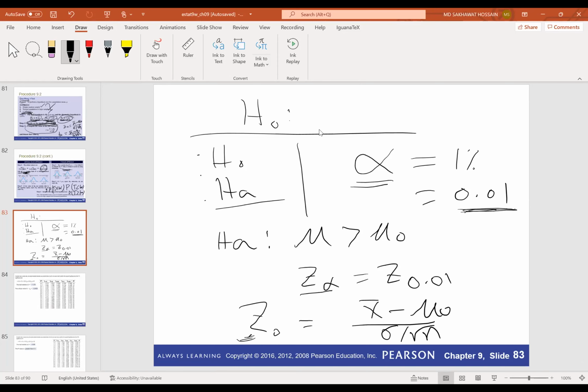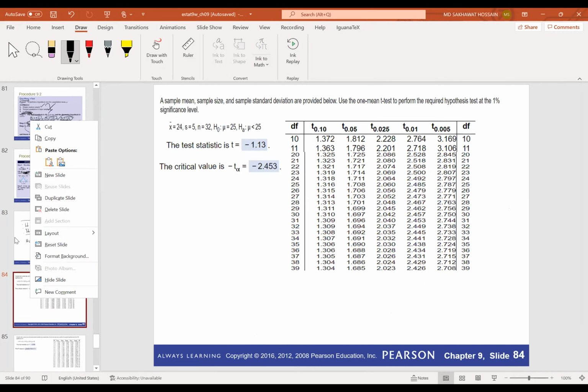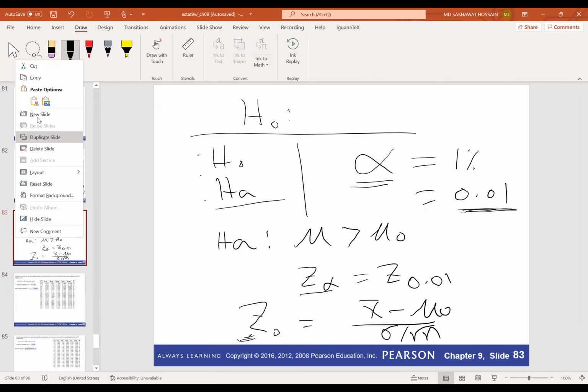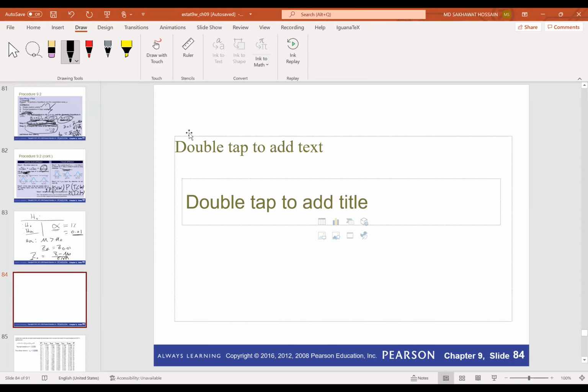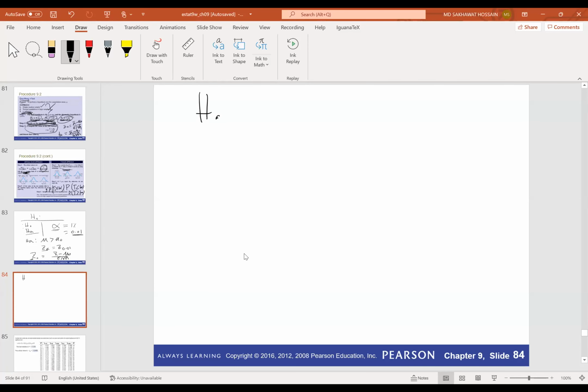So for the right tail test, when the alternative is mu greater than mu0, the rejection region will be on the right side.